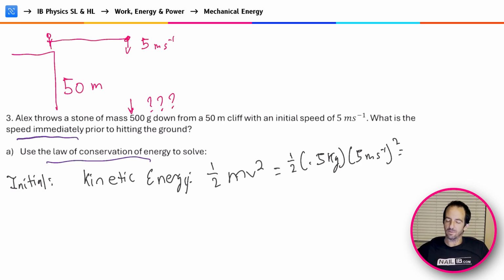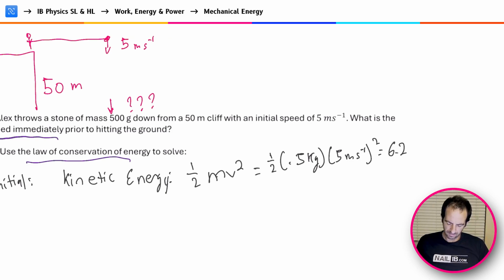Plugging it in, we get 0.5 times 0.5 times 5 squared, which is 25, and we get back 6.25 joules, which comes from the kinetic energy.